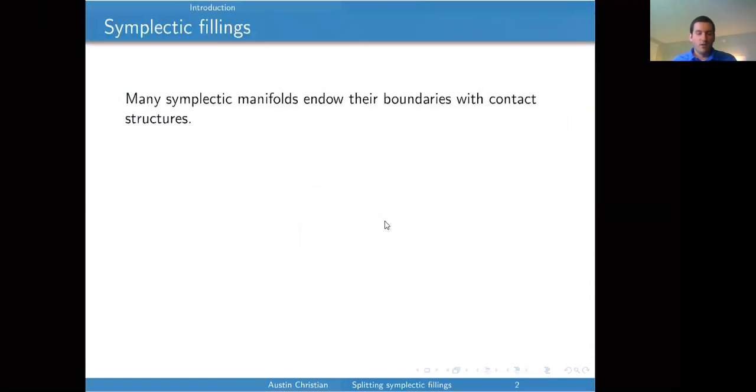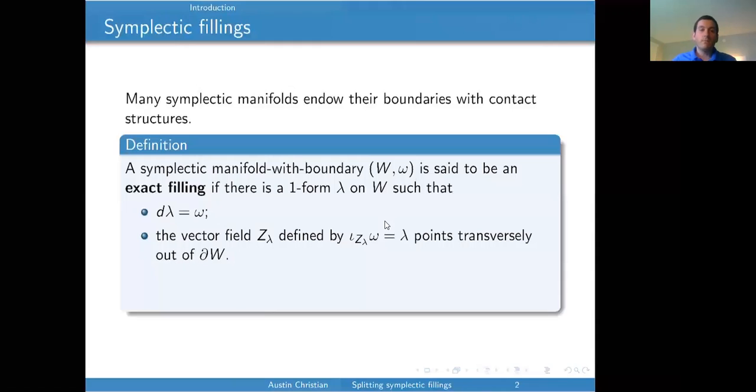Okay, so recall that many symplectic manifolds with boundary will endow their boundaries with a contact structure. This is one of the many relationships between symplectic and contact geometry. What I have in mind in particular is an exact symplectic manifold. So we have some manifold with boundary that has a symplectic form, and we demand that this symplectic form be exact, hence the name.